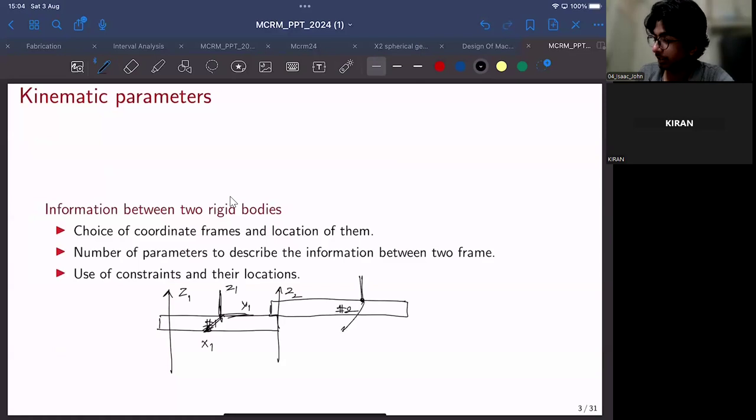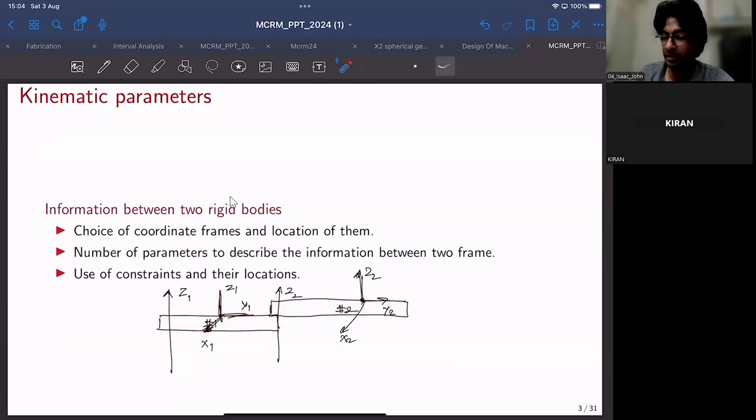link 2, something like X2, Y2, Z2. Then all the relations, such as the relative positions and relative orientations between the two rigid bodies, or attributes of a particular rigid body such as the center of gravity or moment of inertia, can be defined using the frames of reference attached onto the rigid body.